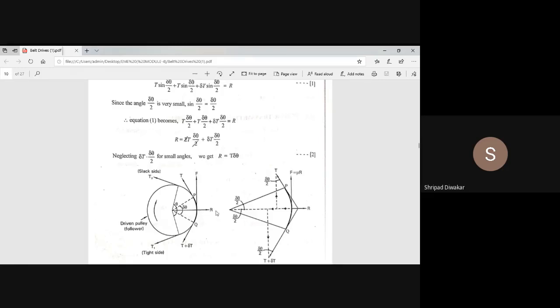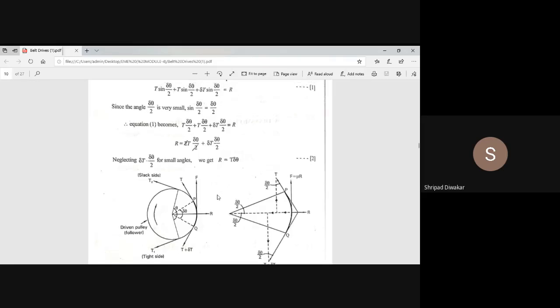is exactly equal to R. First you have to resolve the forces horizontally. This equation you remember: T sine delta theta by 2 plus T plus delta T sine delta theta by 2 equals R. First time you resolve horizontally, and next time you resolve vertically.